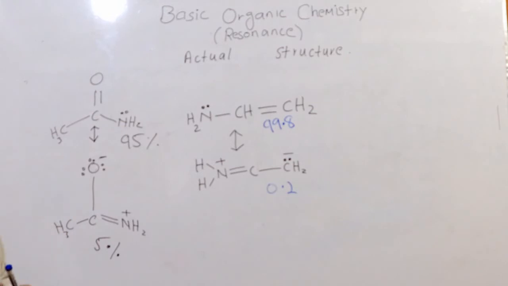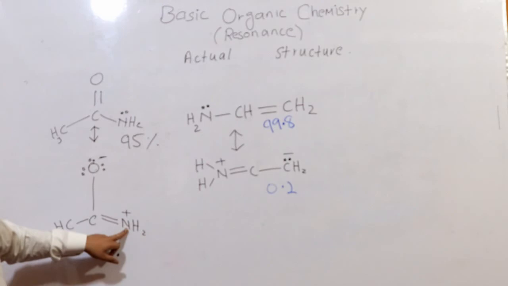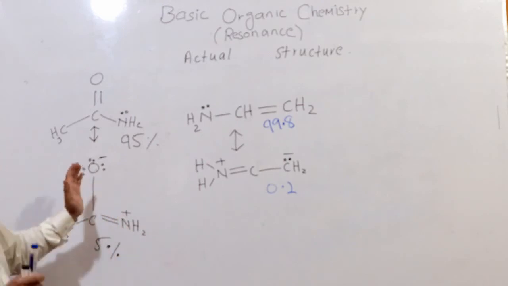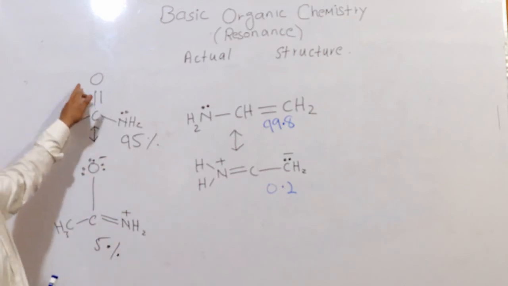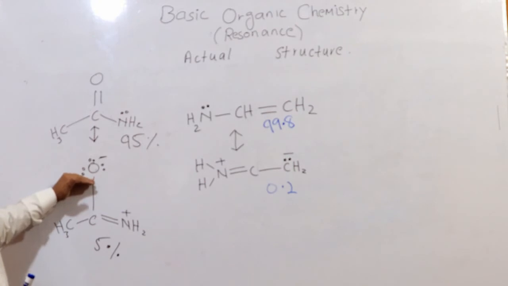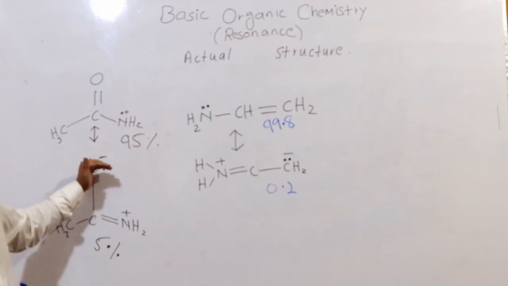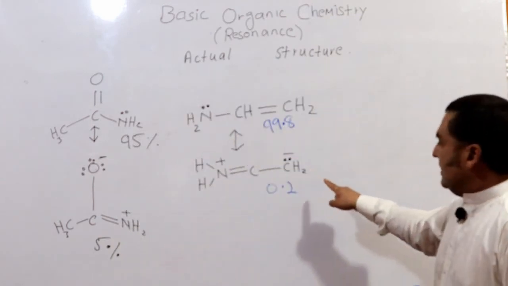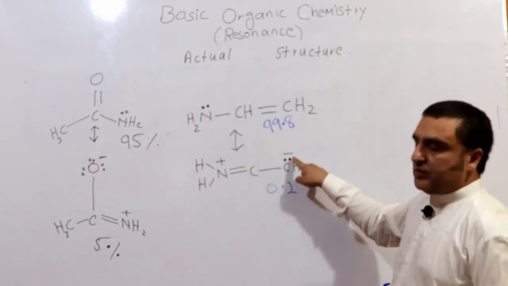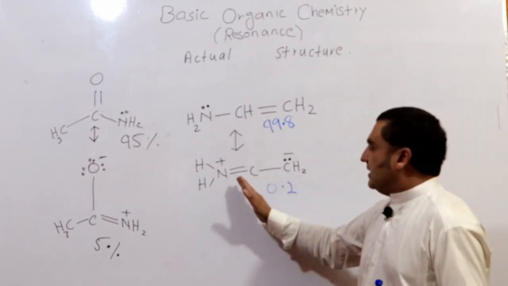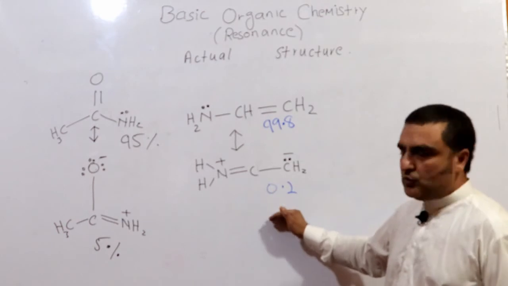When you go to the rules of resonance, this nitrogen is very basic and pushes electrons, but oxygen is electronegative, and in the resonance rules we studied that negative charge is happy on the electronegative atom. Here the negative charge is present on the carbon. It is not as electronegative, but still it has some contribution of 0.2%.